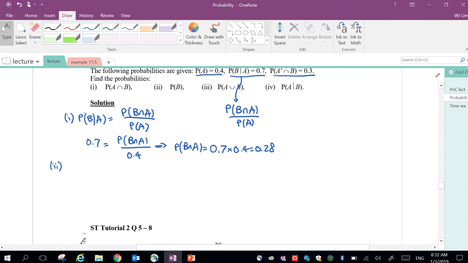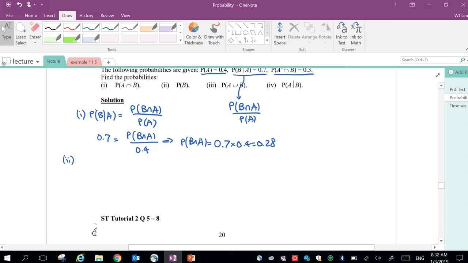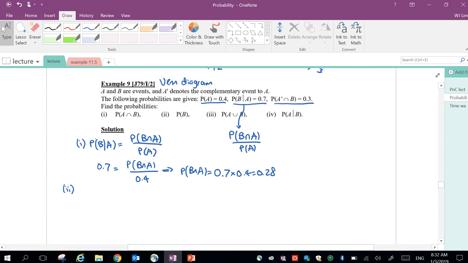For part 2, leave some space on the right. Later on, I'm drawing the Venn diagram. Do you have a Venn diagram in your book? No. I'm going to draw a Venn diagram later on, I'm just preempting you first. For part 2, find probability B. Let's see what probability you have.